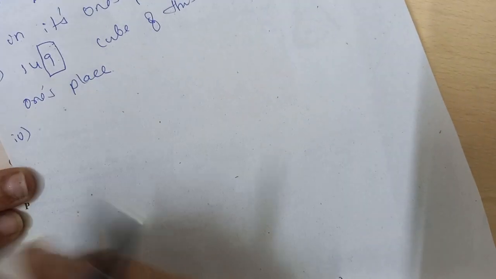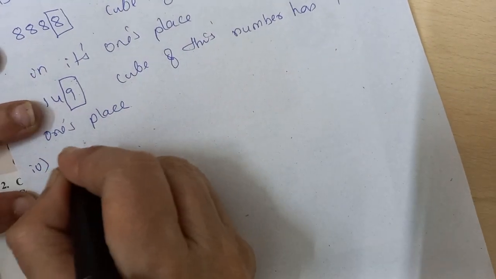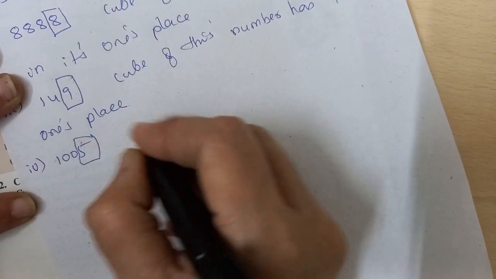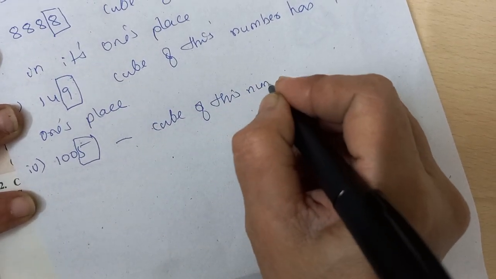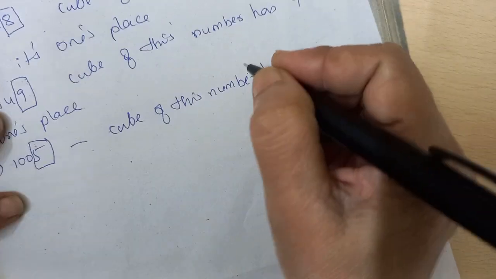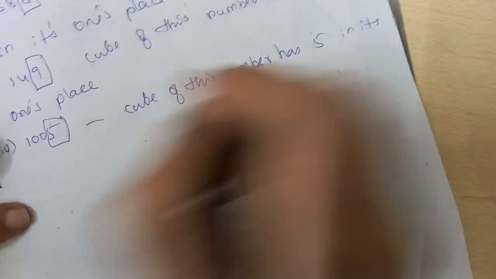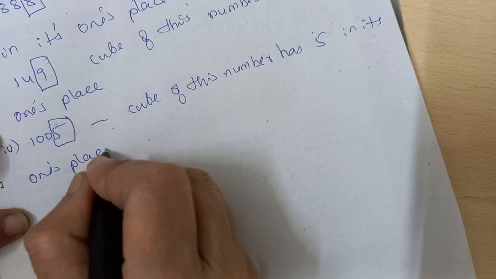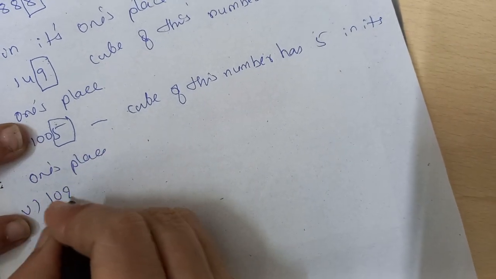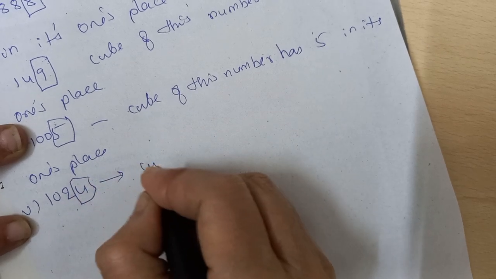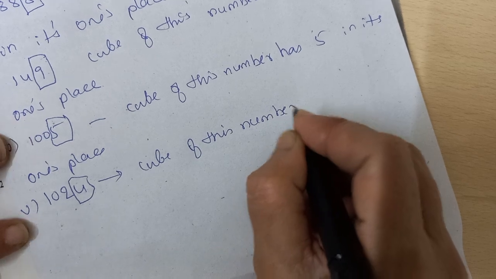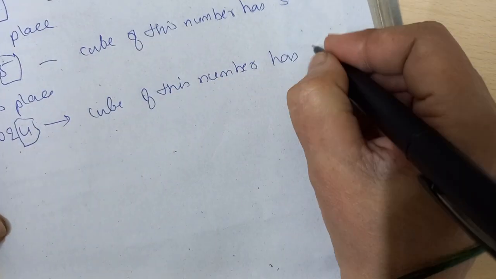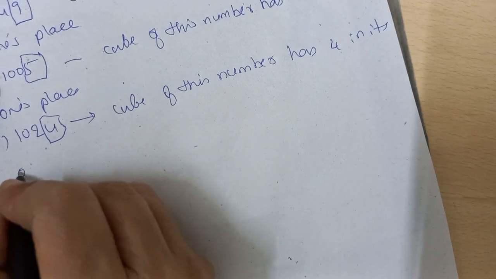Similarly, 1005. The cube of this number has 5 in its ones place. Fifth, 1024. The cube of this number has 4 in its ones place.